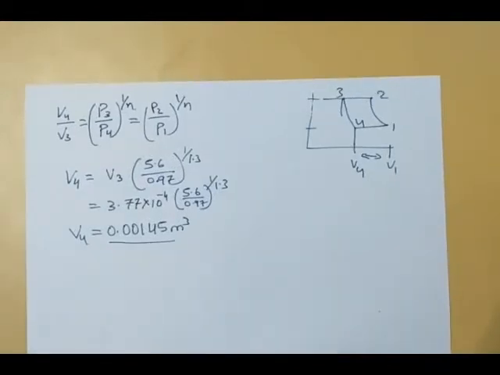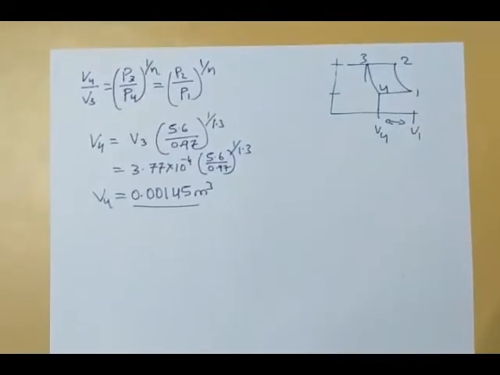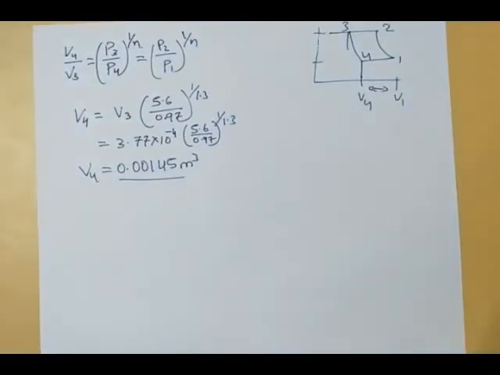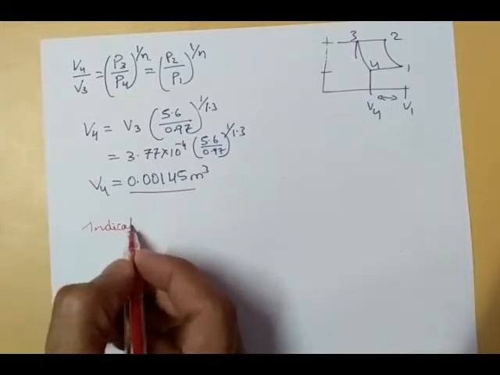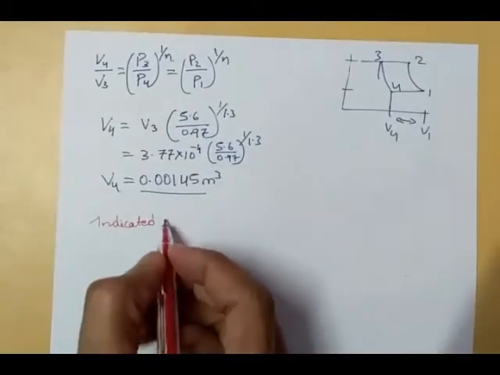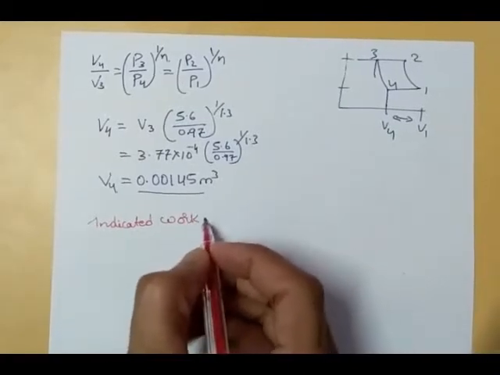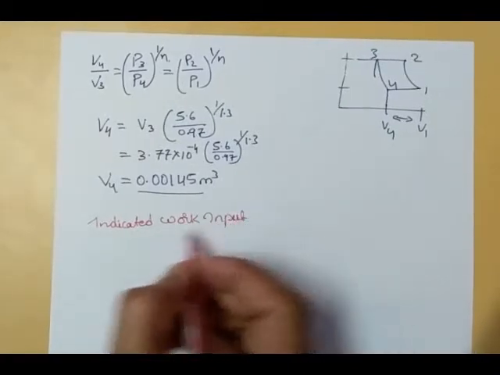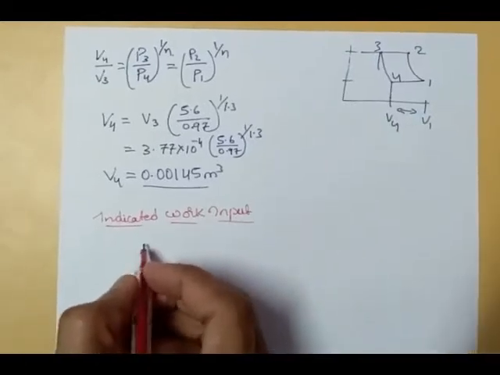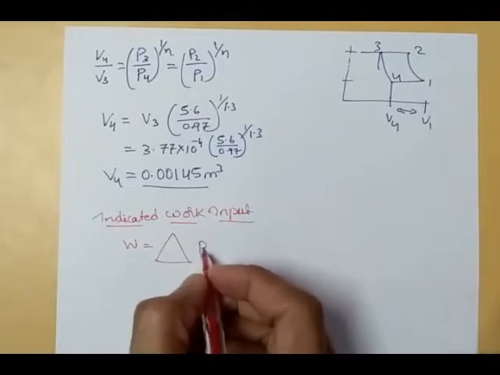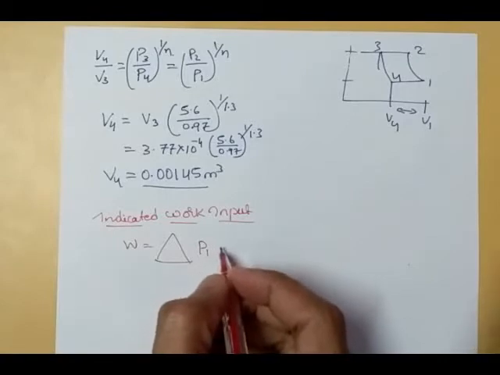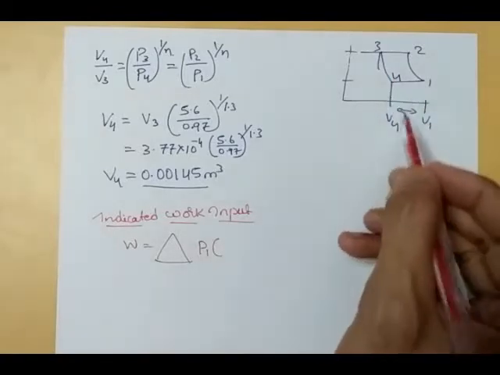Now with the help of V1 and V4 we can find out the work input, that is W. So the equation for work input, that is indicated work input, W is equal to, we know this triangle concept, P1, actually this is V1 if there is no clearance, but because clearance is there we will take V1 minus V4.